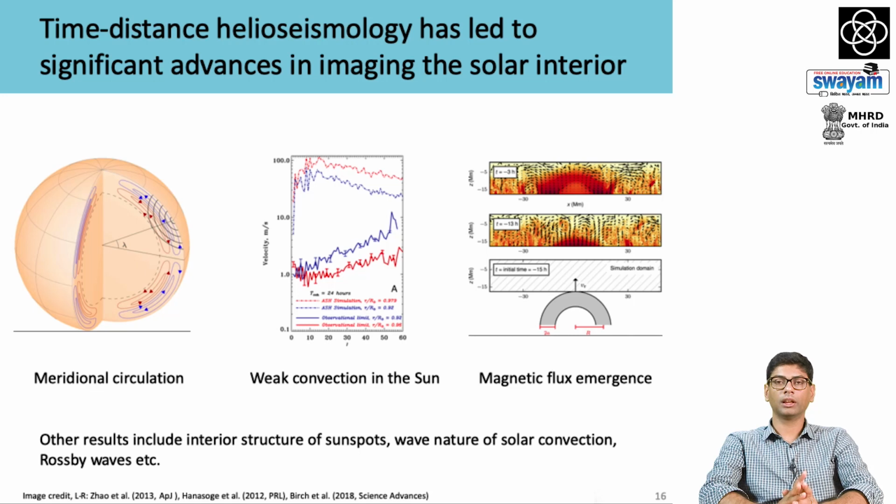Helioseismology can be used to constrain some of these properties, and a major result appeared a few years ago, in which they constrained the velocity at which magnetic fields rise from the deep interior up to the surface.